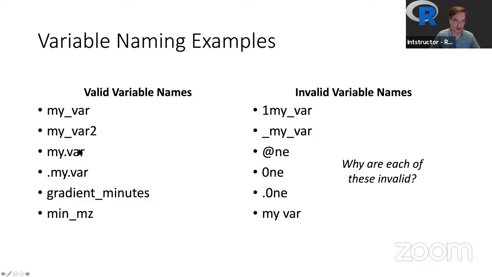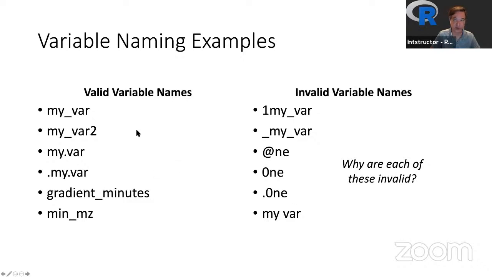These are all valid variable names on the left-hand side. The ones on the right are all invalid variable names. We'll see what happens if you type an invalid variable name. You will get an error in the R console. Maybe not necessarily right now, but you could go back and ask why these are invalid. There are rules that are getting violated about why you can't use these as variable names.